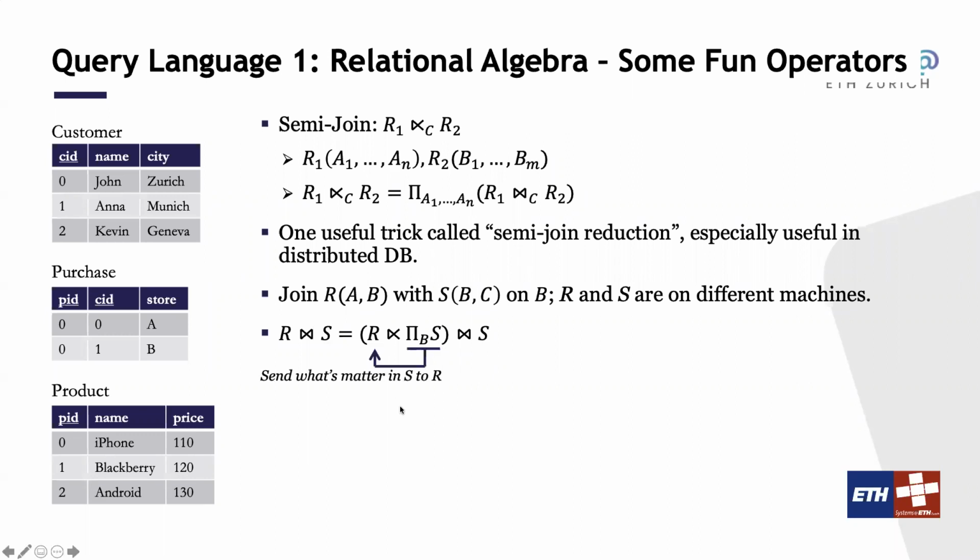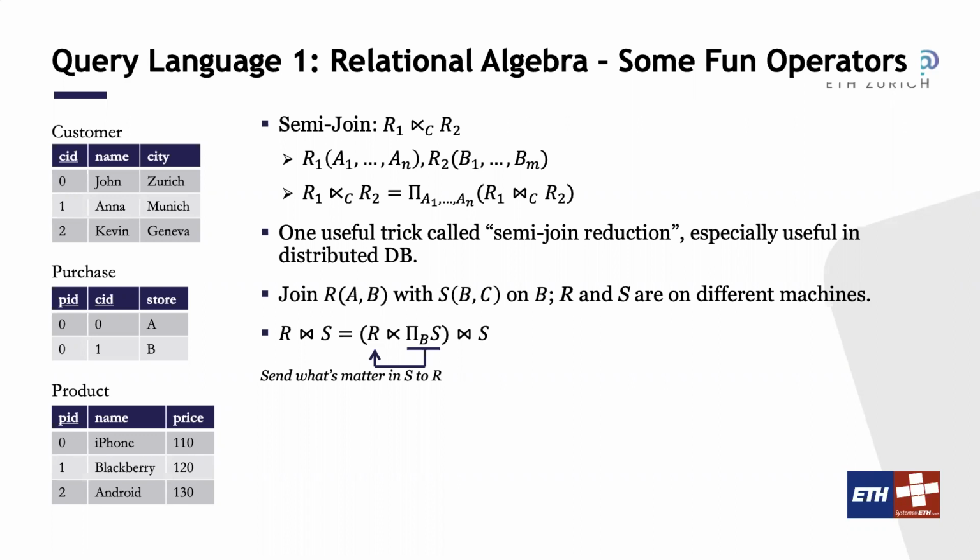To calculate the projection of S onto B, I don't need to communicate. I can do that locally on machine 2, which holds the whole S. The result is going to be much smaller compared with S because it's a projection. I send that result from machine 2 to machine 1, and then I can do the semi-join on machine 1 with R.